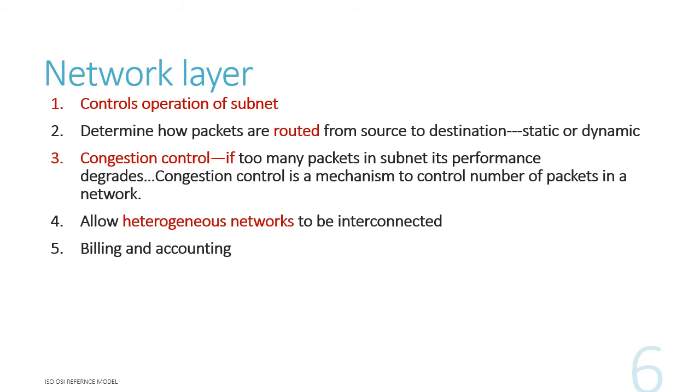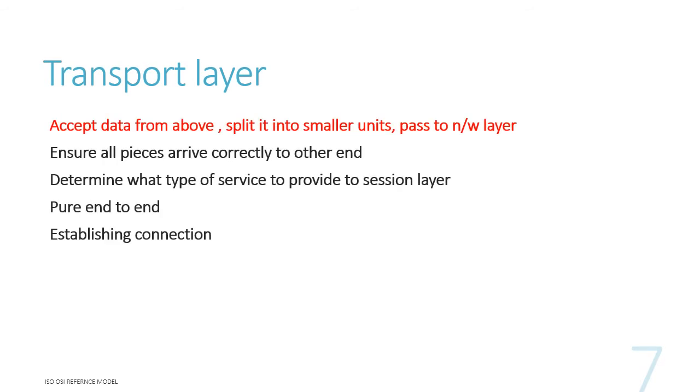The layer above the network layer is the transport layer. The transport layer accepts data from the session layer above, splits data into smaller units or smaller packets, and passes those to the network layer.